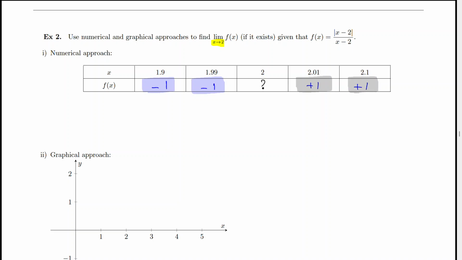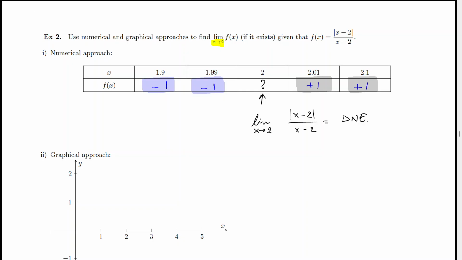The numbers here are 1. So what does that mean? That means that this limit does not exist. So the limit as I approach 2 on the function absolute value of x minus 2 divided by x minus 2 does not exist. And I'm writing DNE for does not exist.